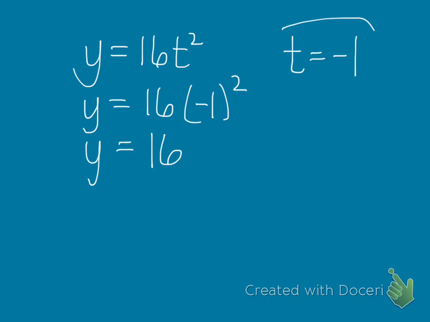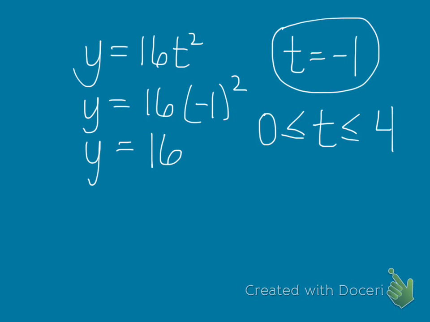But what would t equal -1 mean? Well, it would mean 1 second before the stone was dropped. That's why we talked about the fact that our function is only well defined between 0 and 4 seconds. It doesn't work outside of that. So it doesn't make sense to do this calculation here.